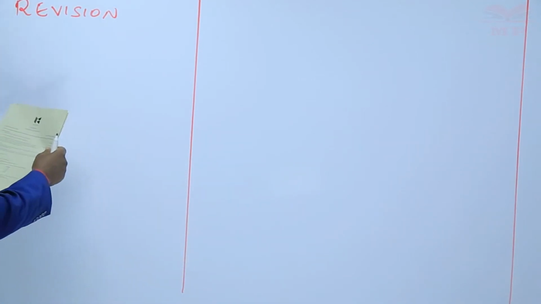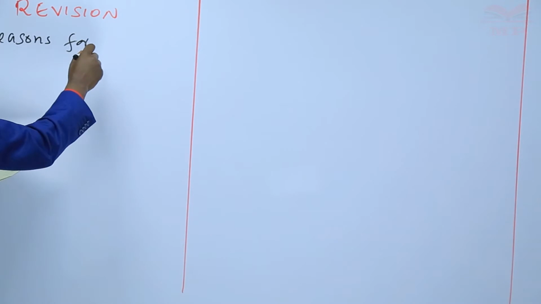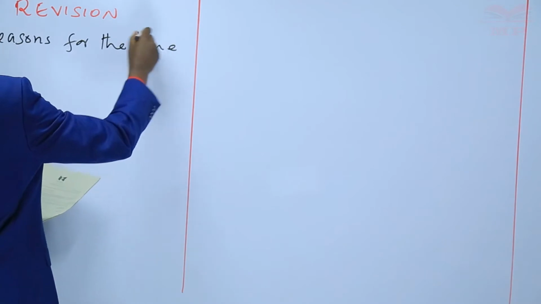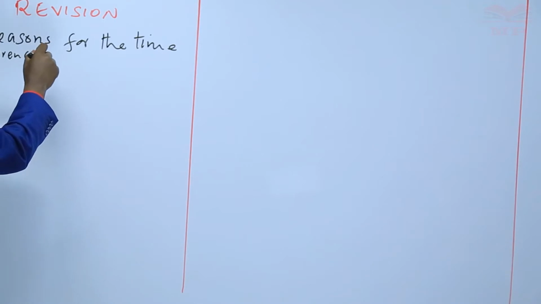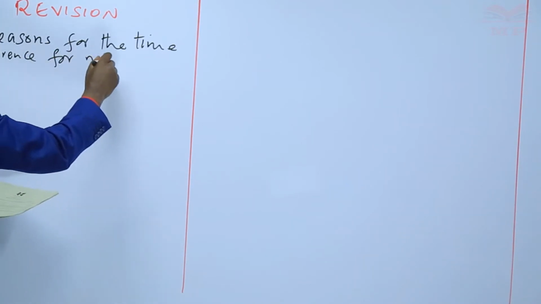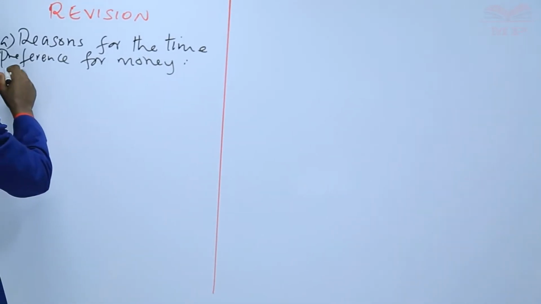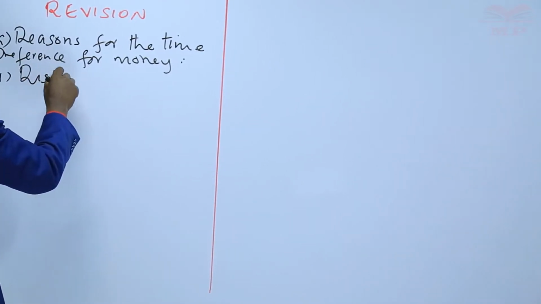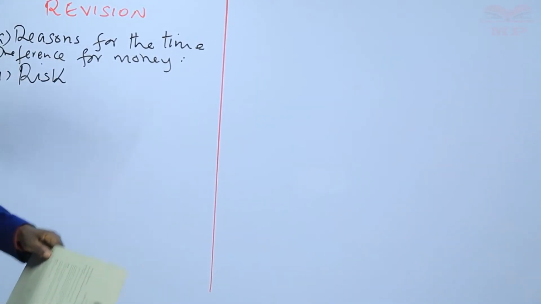We are answering question A. One, I've said risk or uncertainty. Why?